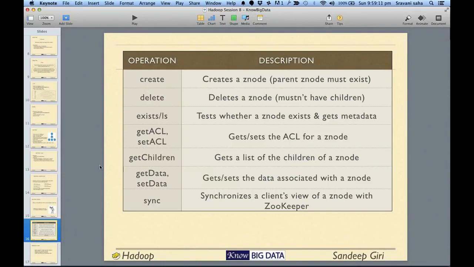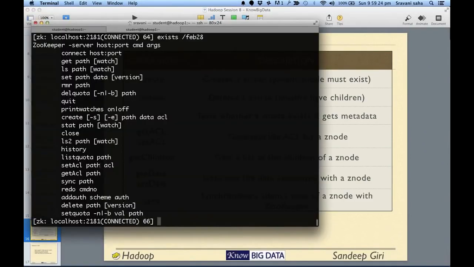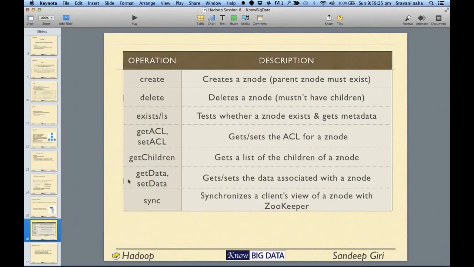In our case, from the command prompt, it was get and set, and these functions getData, setData are equivalent from the programming language perspective. And also there is something called sync, which synchronizes the client's view of a znode with Zookeeper.